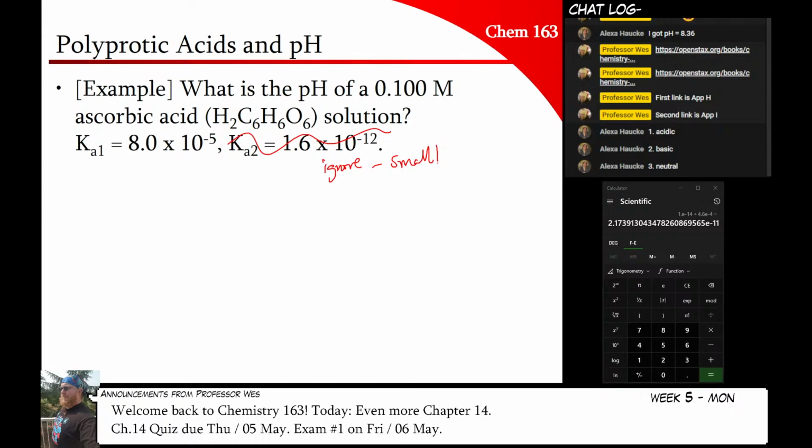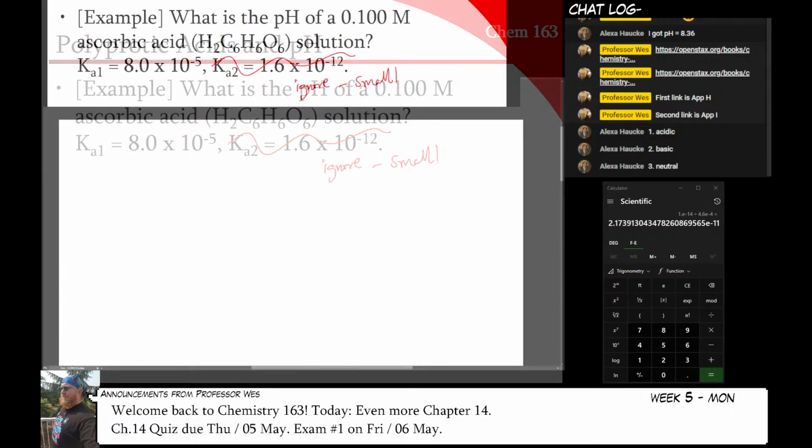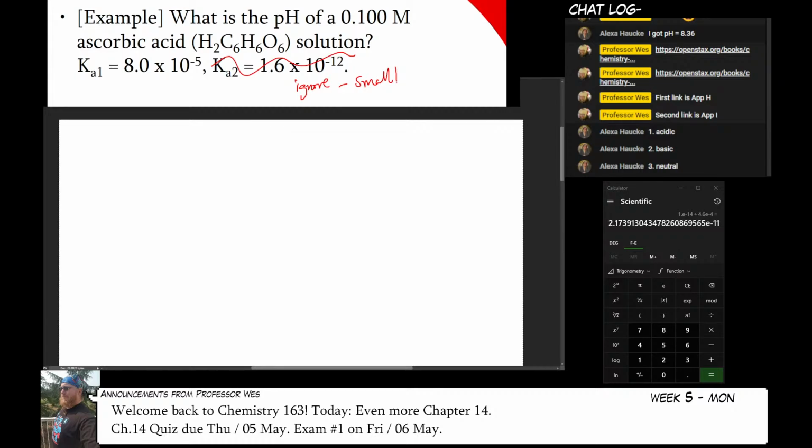Sorry, I'm getting the whiteboard set up here. There we go. And so this is not anything that we haven't done so far. So we've got a sorbic acid. React it with water. We're going to have hydronium, and then, I forgot the H here, a sorbate.